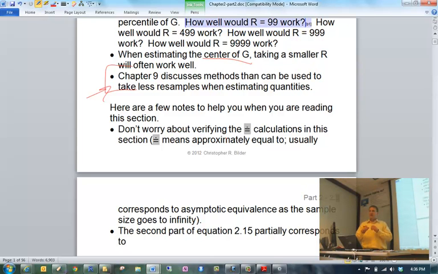Okay. Essentially, it's this. I'll put it into our bootstrap context. Let's say I want to take 999, let's make 1,000 resamples. Well, how about I take 200 resamples on one computer, take 200 samples on another computer, take 200 samples on another computer, and go all the way up to the 5th computer. Ideally, your whole process is going to take 1/5 the amount of time, right? That's called parallel processing.